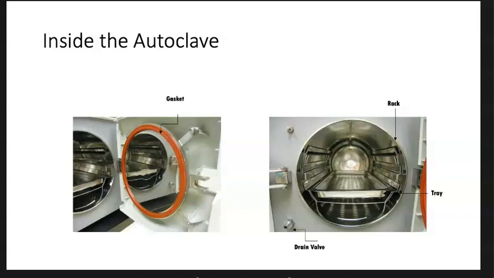When we are loading our packs into the autoclave, it's important to always make sure that the air can circulate around your packs. This will ensure that each pack within the autoclave is sterilized when the cycle is completed. If your autoclave has too many packs within it, this will provide an inadequate amount of sterilization pressure towards the center of those packs.